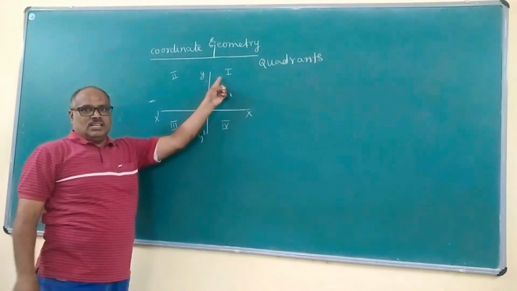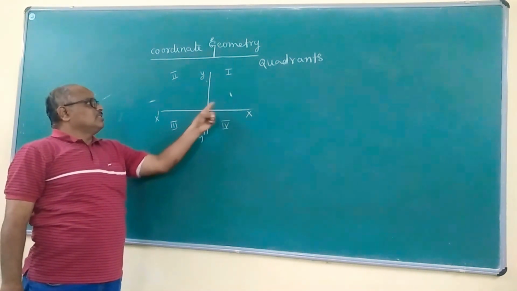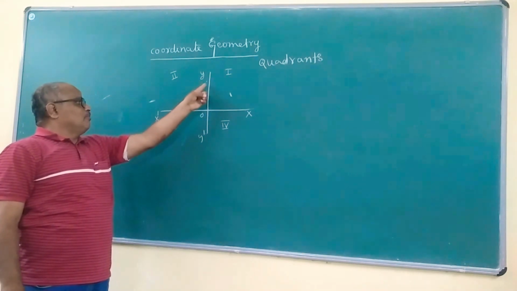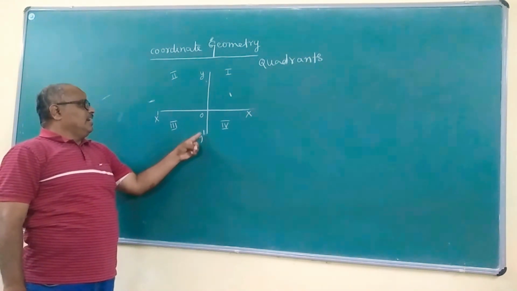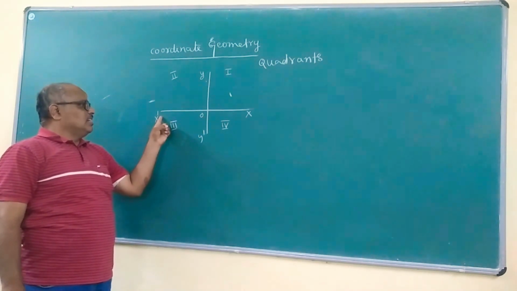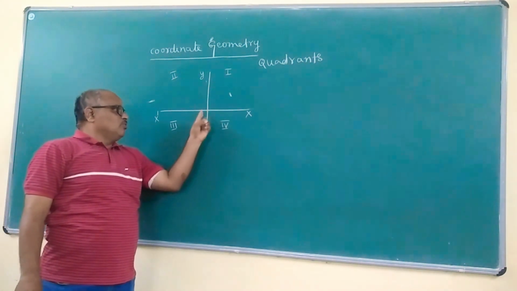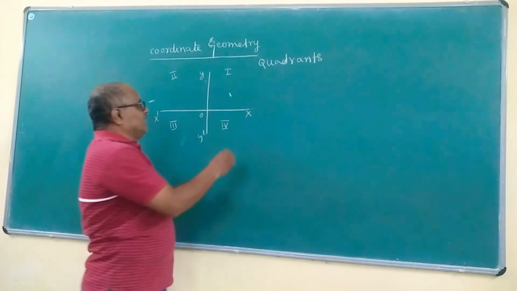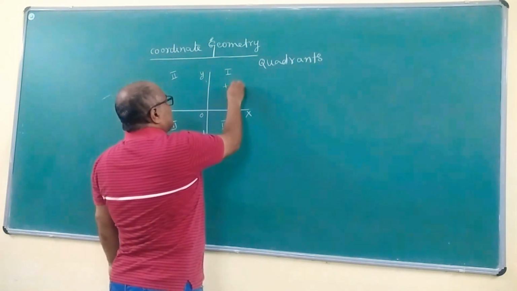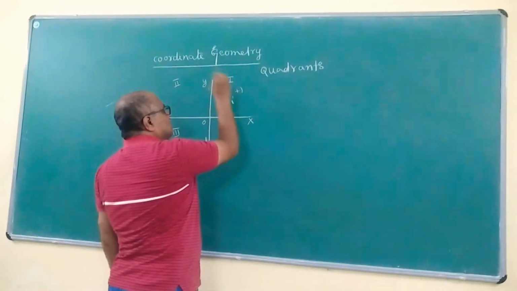XOY is the first quadrant, YOX' is the second quadrant, Y'OX' is the third quadrant, XOY' is the fourth quadrant. In the first quadrant, both x and y are positive.